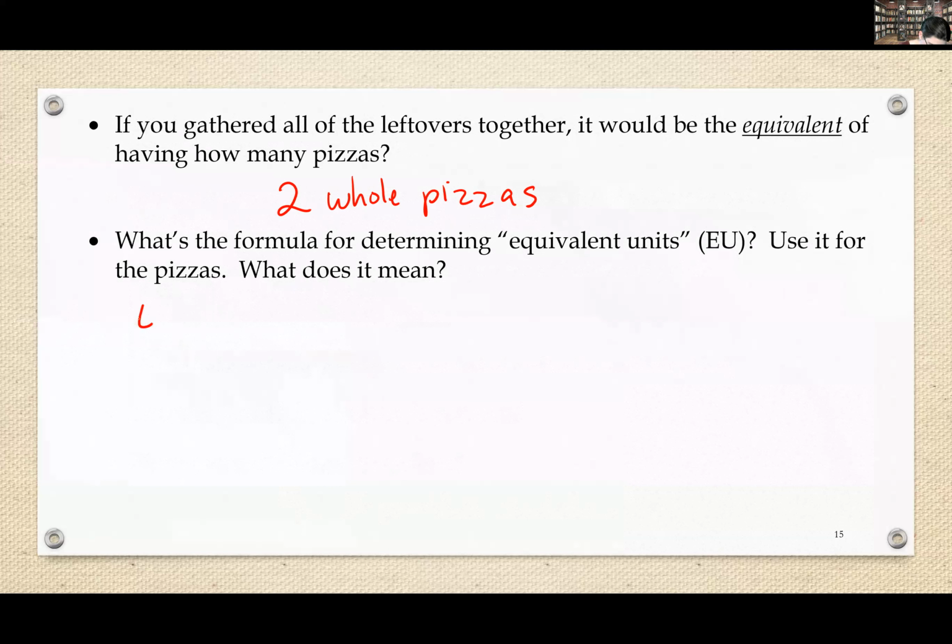All right, so our formula for an equivalent unit, and this would be of ending work in process, right?